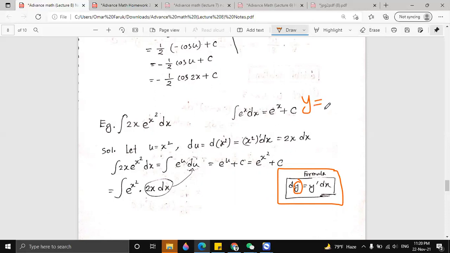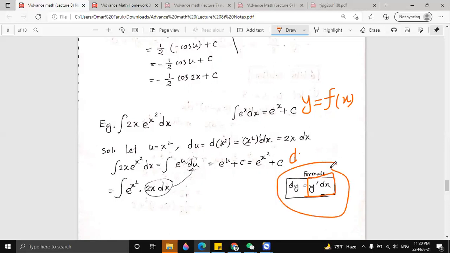Do you guys remember y equals f of x? f of x can be any function, okay? f of x can be x squared, or 2x plus 1, any function. So for simplicity, we write dy. So dy is equal to the derivative of y times dx, okay?